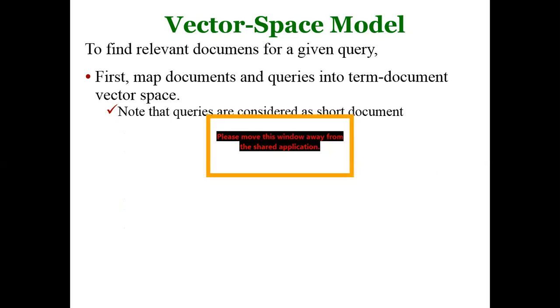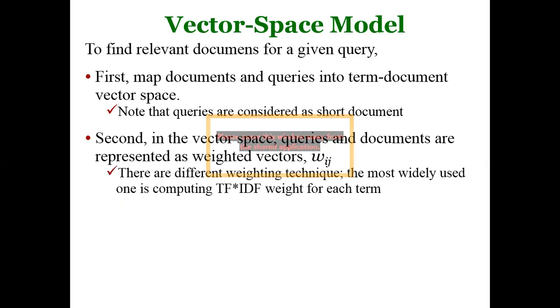As we did earlier for the Boolean model, the first step in any IR model is constructing a term document matrix to see how important the terms are for each document in the collection that we have.